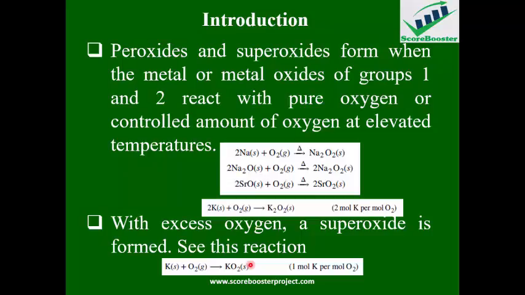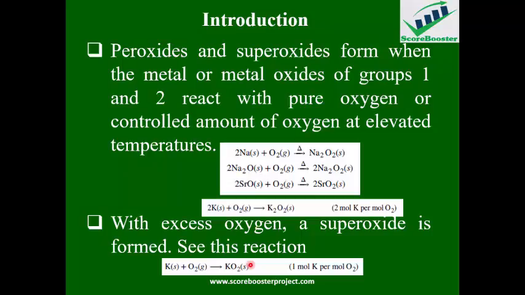If the amount of oxygen is comparable with the amount of metal that is reacting together, you're going to have a peroxide. But if the oxygen is far in excess of the metal that is reacting with it, we are going to have what is called a superoxide.